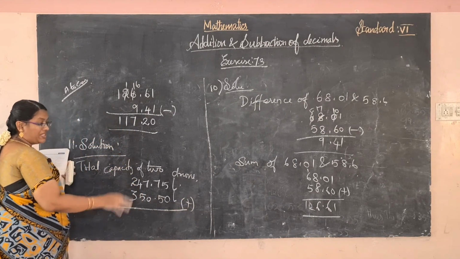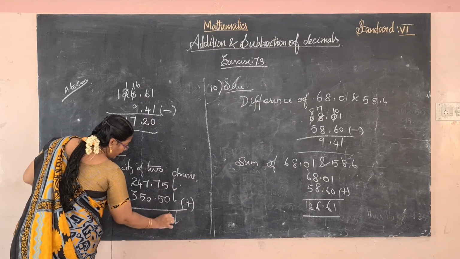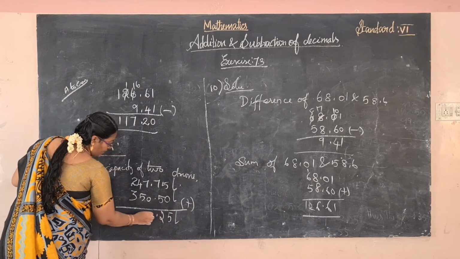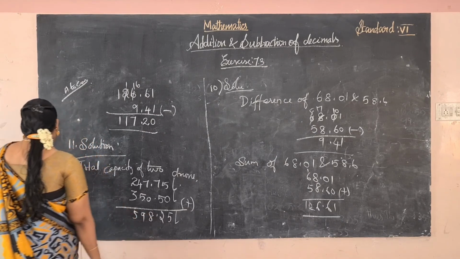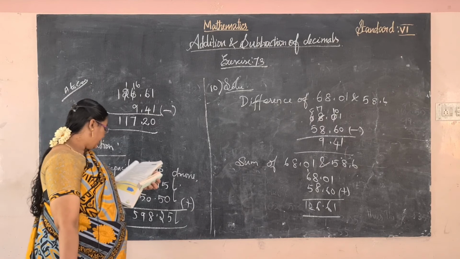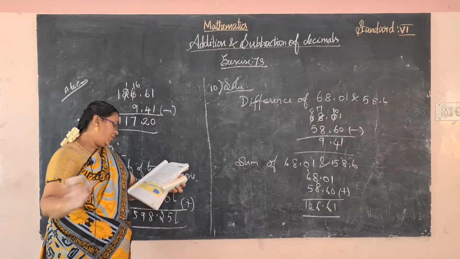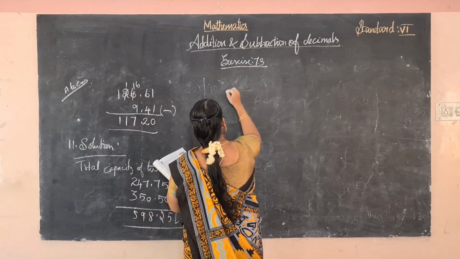What we get? The total capacity of 2 drums of liters, 5, 2, 8, 9, 5. Okay, 598.85 liter. Okay, the tanker of oil has a capacity of 820 liter.